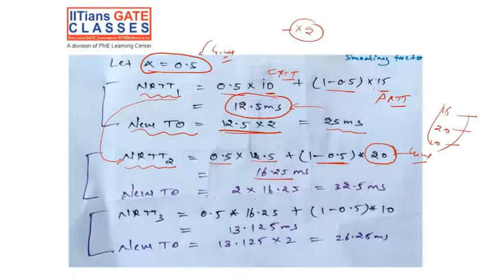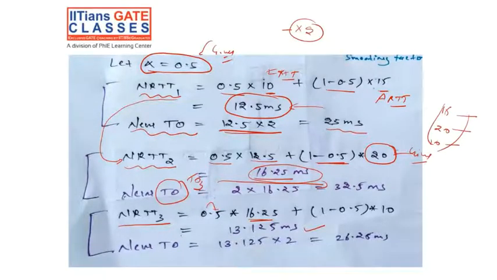Now the new timeout, which means the timeout of the third segment, will be 32.5 milliseconds if you multiply by 2. A simple way, right? Now for the next segment, the initial round trip time is the previous value: 0.5 times 16.25, which is 8.125, plus 1 minus 0.5 times 10, so it will be 13.125.